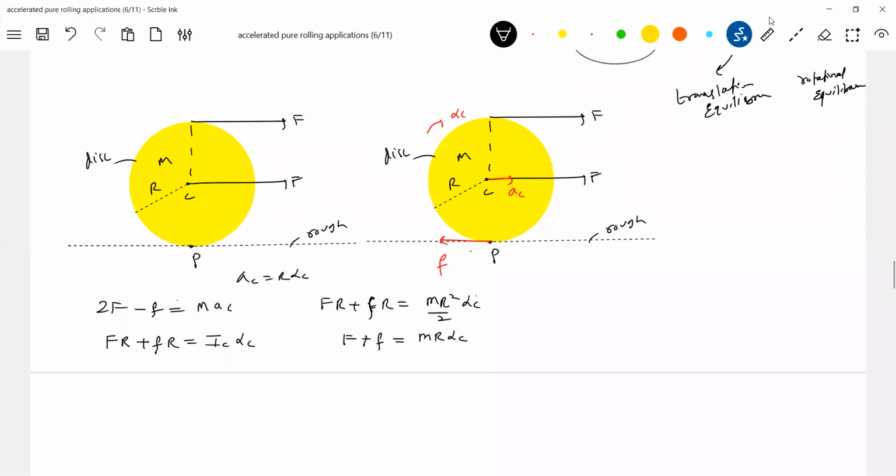We are discussing everything as pure rolling; if not pure rolling, I'll mention it. Substituting this, we'll get this much. So solve for the acceleration of center of mass. Solve these two equations now.